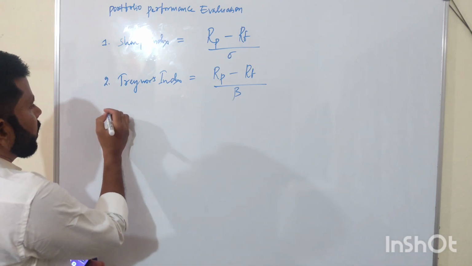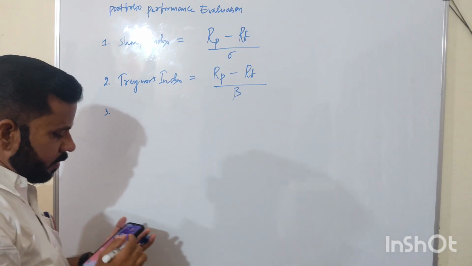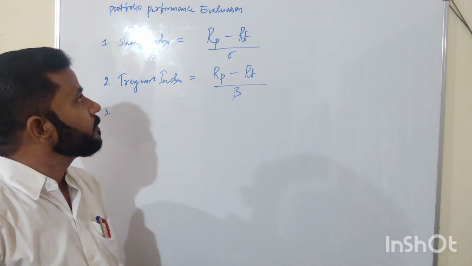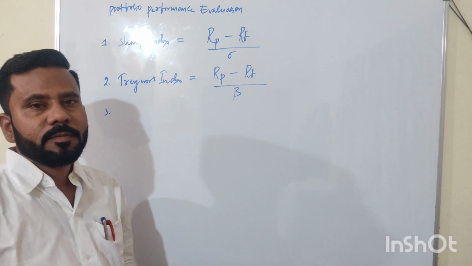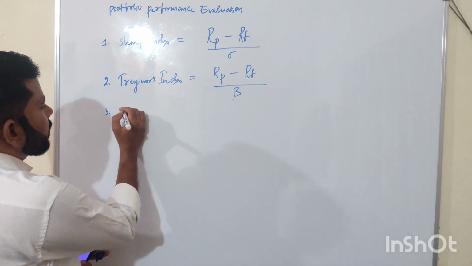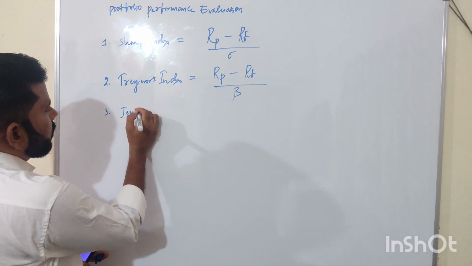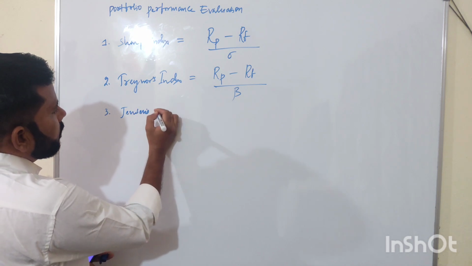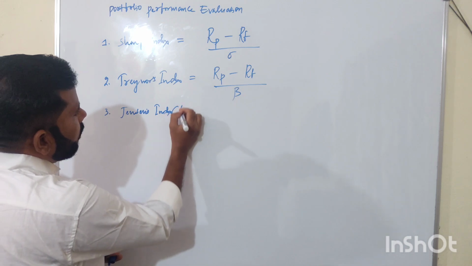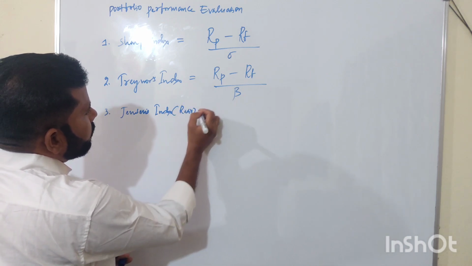Then third one. What is the third ratio, or the third index? Jensen's index or ratio.